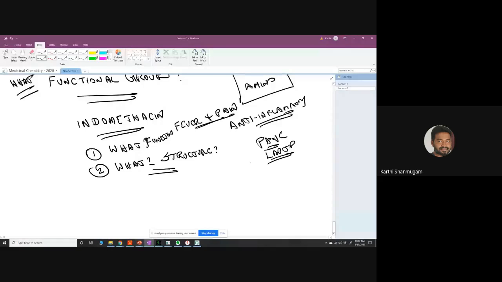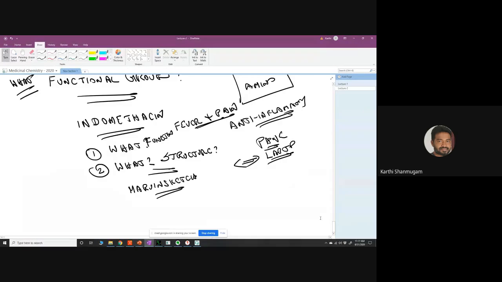Maximum of you are using mobile phones. Okay. Anyway, just note one software. If you have a laptop, you can try to install the software. It's called Marvin Sketch.